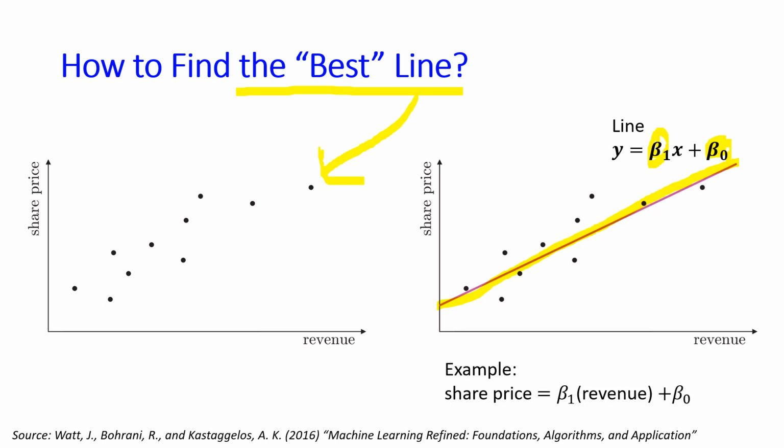In the example of share price and revenue, it means that we can define share price equals the coefficient beta 1 times the revenue plus the constant beta 0. So now the problem becomes how to find the values for beta 1 and beta 0.